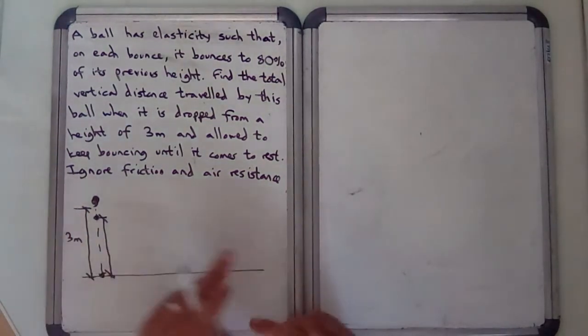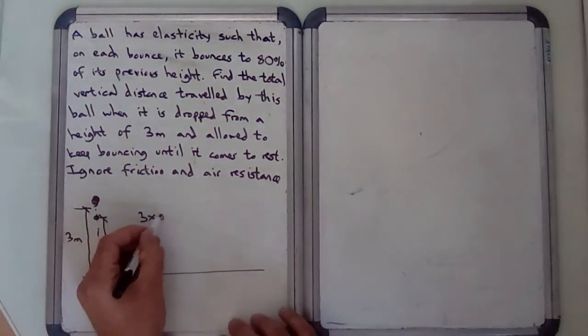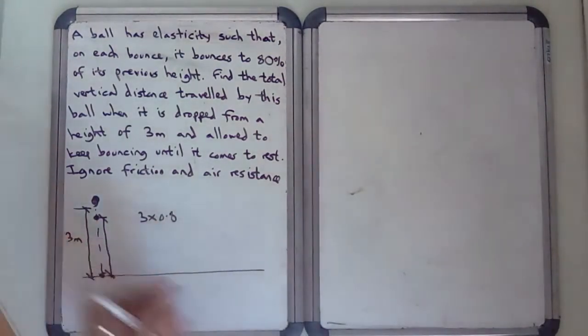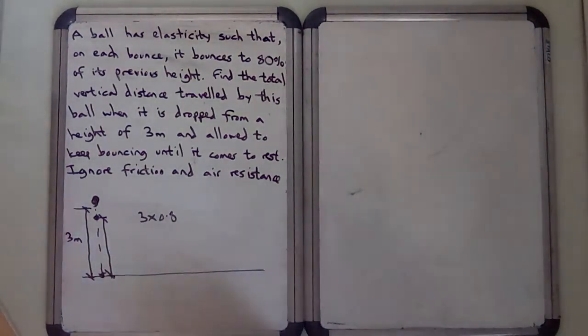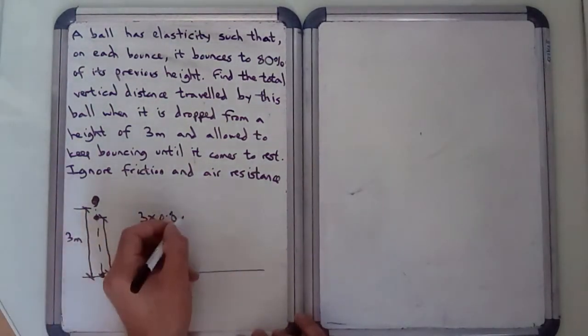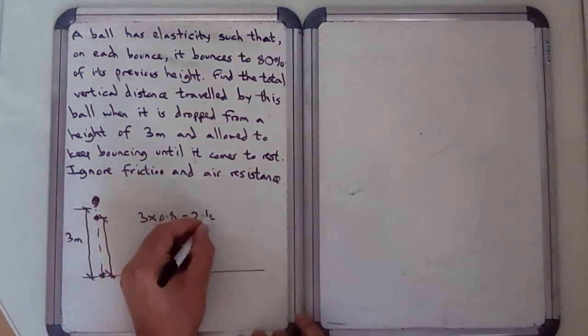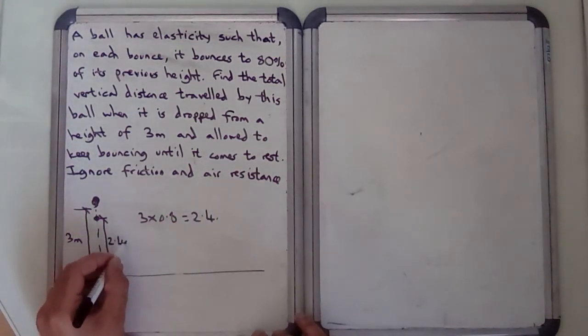I could just do this with a calculator, so 3 times 0.8. But 10% of 3 is 0.3, so 20% of 3 must be 0.6. So 80% must be the 100%, take away the 20%, which would be 3 take away 0.6, which must be 2.4. So it's then going to bounce to 2.4 meters.